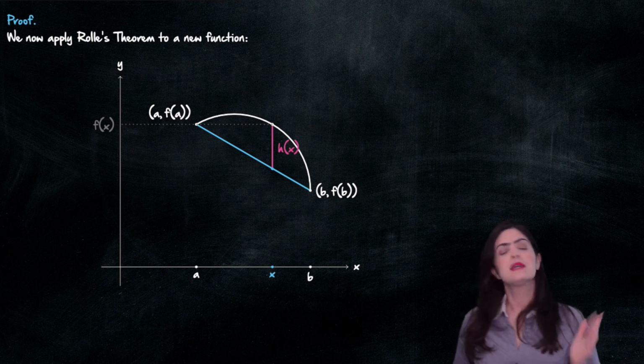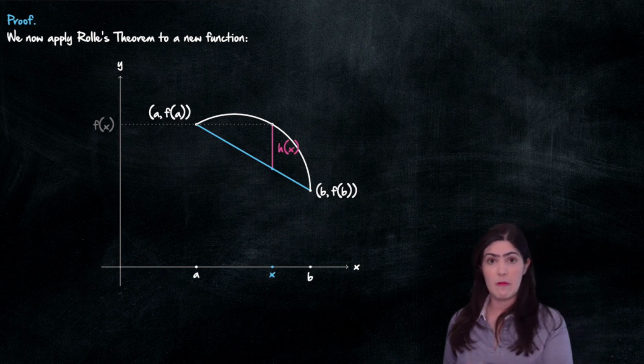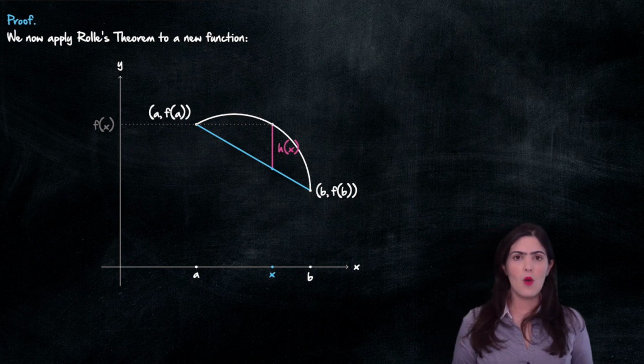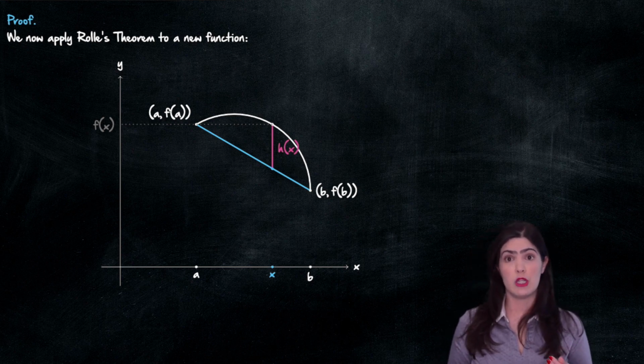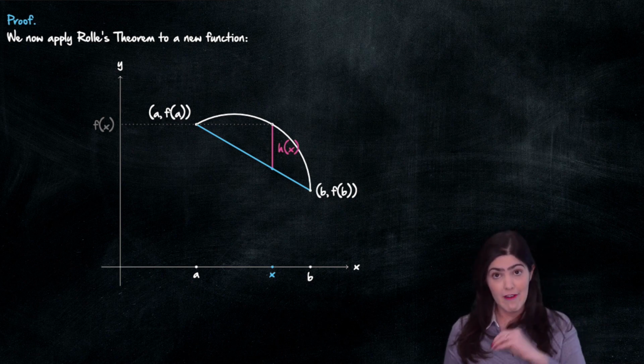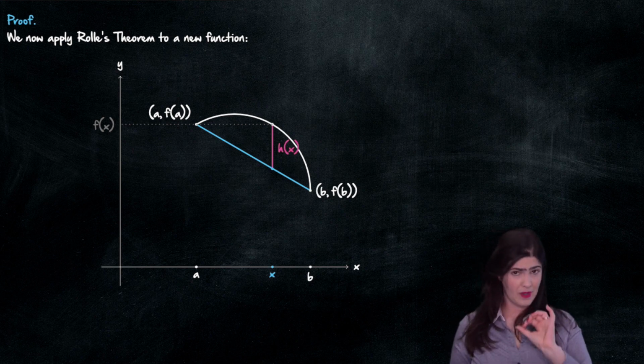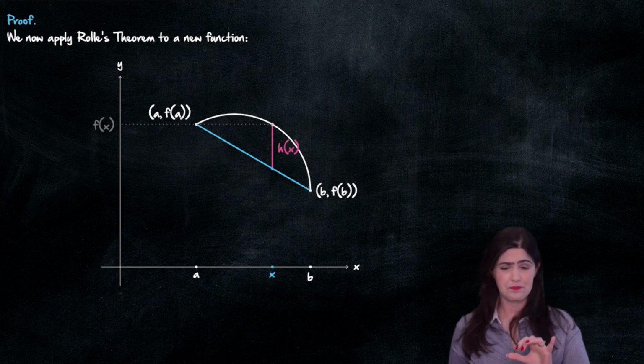This blue line is the secant line passing through the points (a, f(a)) and (b, f(b)). And now we're going to define a new function that I'm going to call h(x) that gives us the distance between my function f and that secant line passing through the points (a, f(a)) and (b, f(b)).